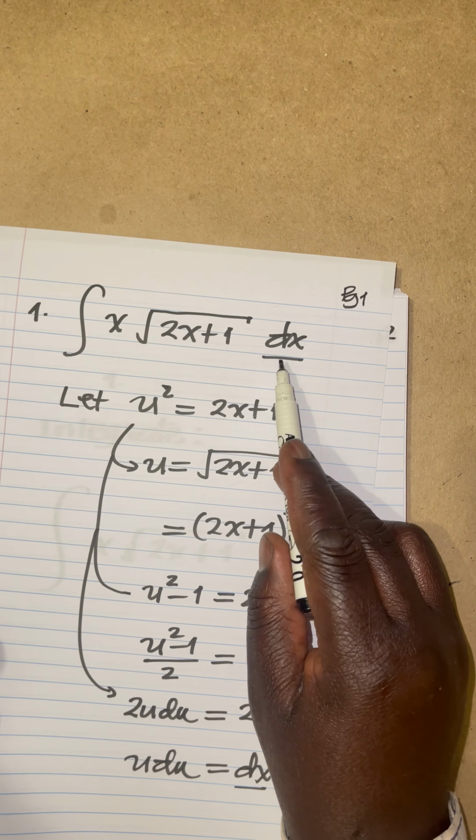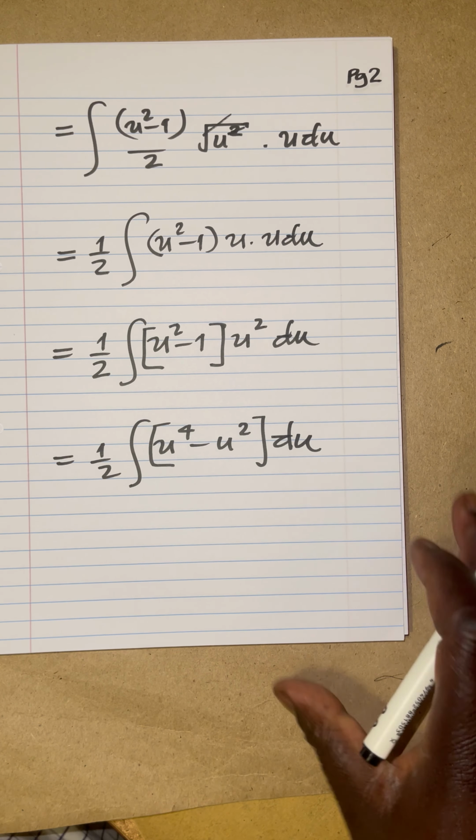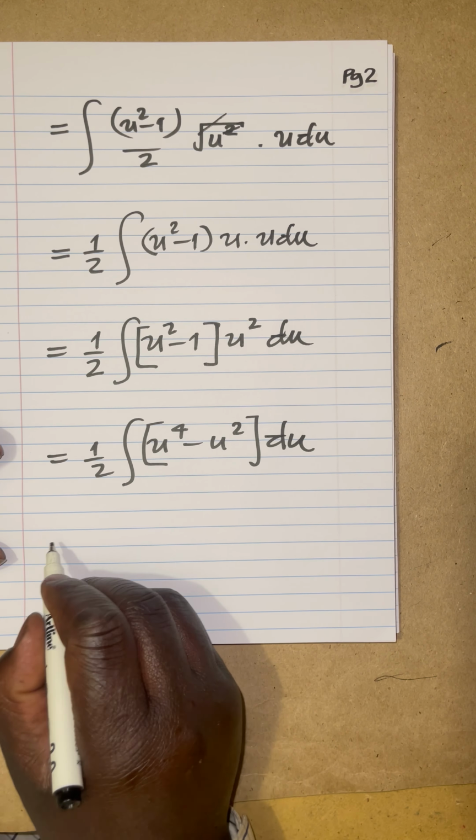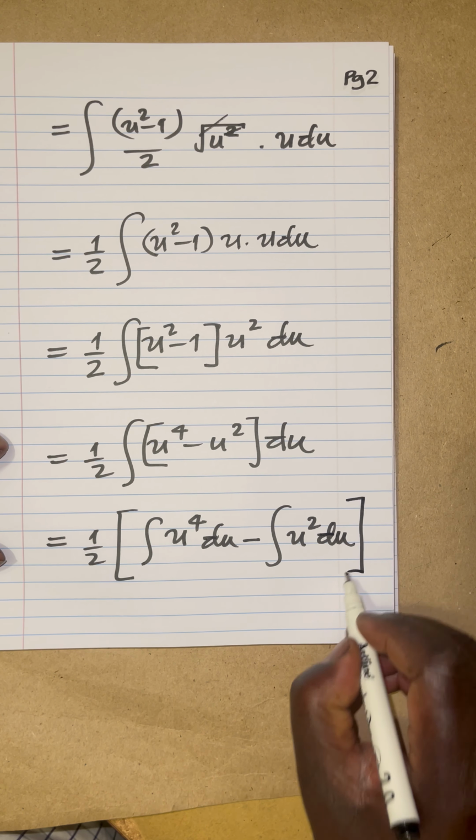So what do we have now? What we have now is half. Allow me to use brackets now. It will be the integral of u power 4 du minus the integral of u squared du.